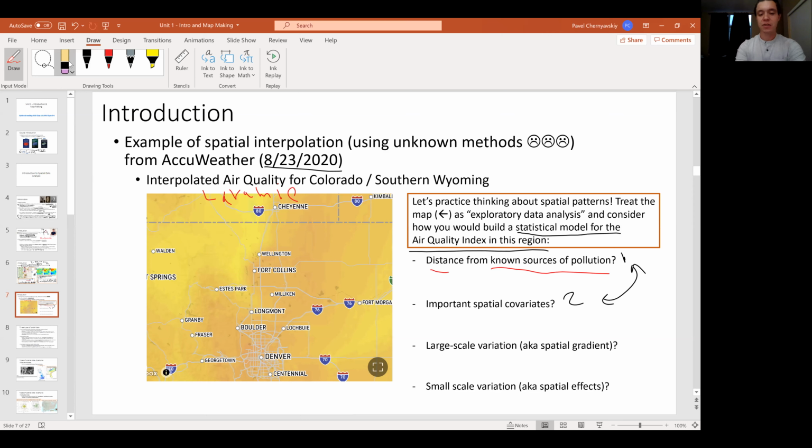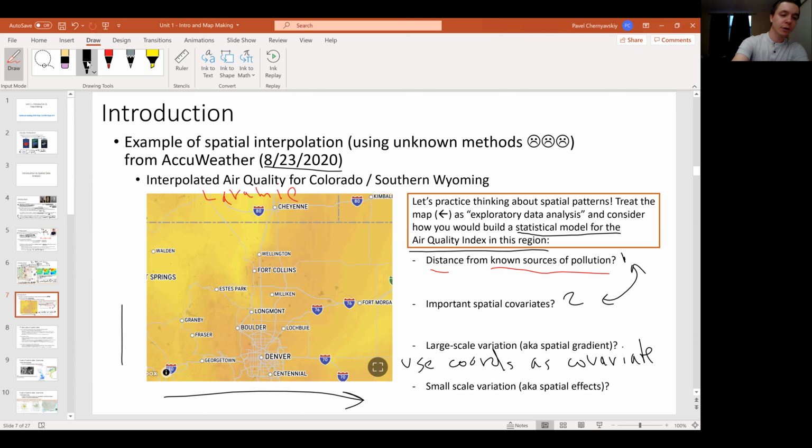Then you're asking the question, all right, I'm allowed to use the coordinates themselves as covariates. So we can use the coordinates as covariates: put in a quantitative covariate for longitude, the x direction, and a quantitative covariate for latitude, the y direction.